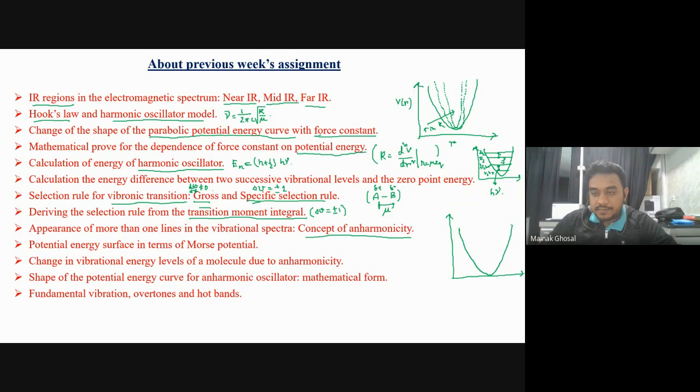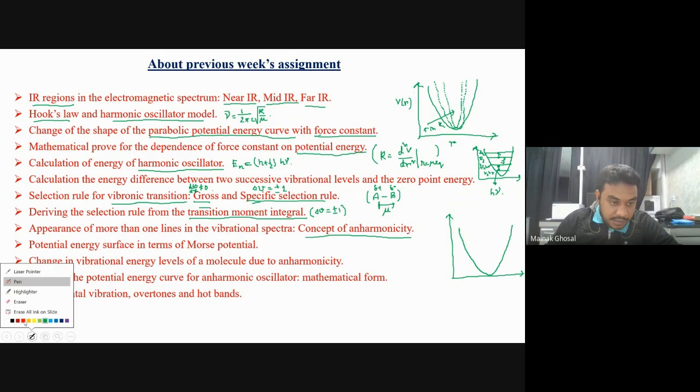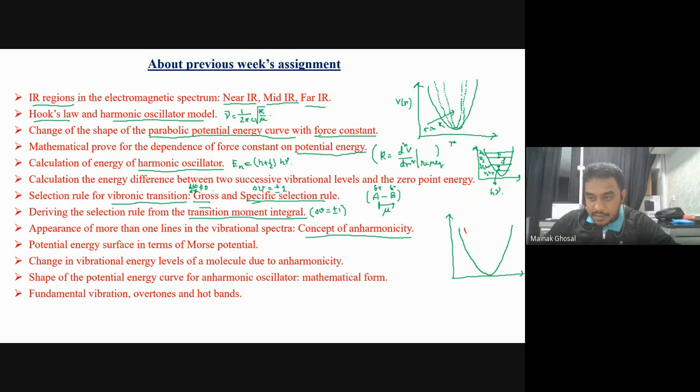Yes, this is the harmonic oscillator potential energy. Now I am drawing the anharmonic potential with the other color, which is much steeper in the initial stage, but there will be saturation. I name it V(R), and this is R, and this position is R equals R equilibrium.